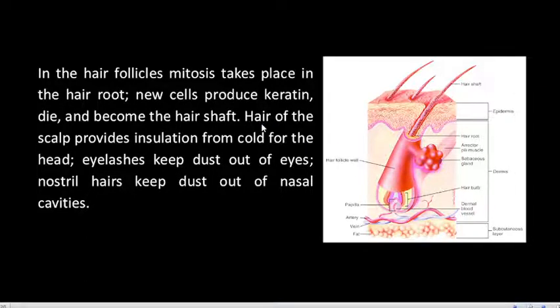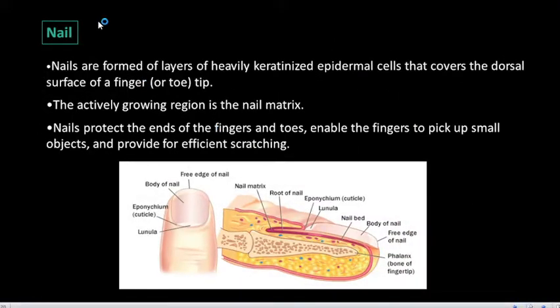The hair shaft are composed of dead cells. Hair of the scalp provides insulation for our head, no, kapag malamig or mainit. And eyelashes keep dust out of our eyes. Nostril hairs keep dust out of our nasal cavities. So mainly ang mga buhok pang protection and insulation.